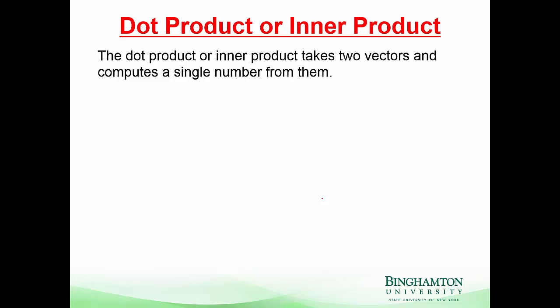Now, from norm, we move into something called the dot product or inner product. And I'm an inner product guy. I will call it inner product much more often than I will call it dot product, but some people use dot product, some people use inner product. The inner product takes two vectors and gives you back a single number that characterizes something about how those two vectors are related to each other.